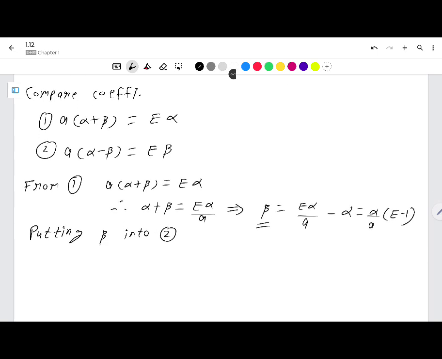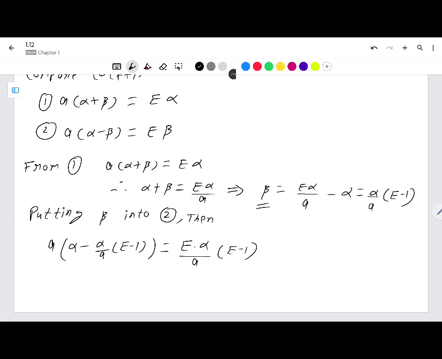And what do we get? There is A(alpha minus beta), it is A alpha times (1 minus (E by A minus 1)) equals E times beta, E alpha by A times (E by A minus 1).